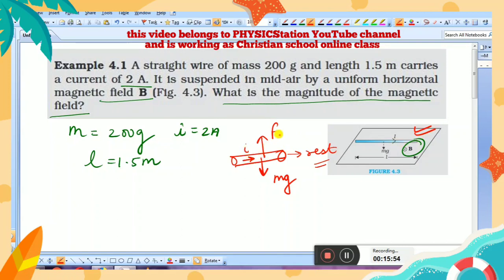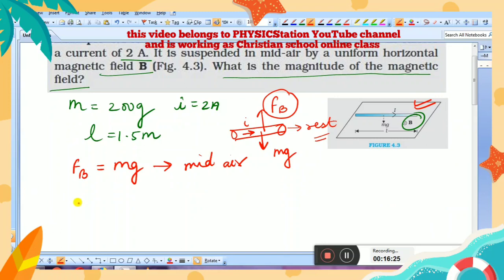So we studied that there will be some force on a current carrying conductor which is placed in a magnetic field. So that magnetic field will apply force in the upward direction. This magnetic force, that means FB, will become equal to mg, and in that case only the wire will be suspended in the mid air.